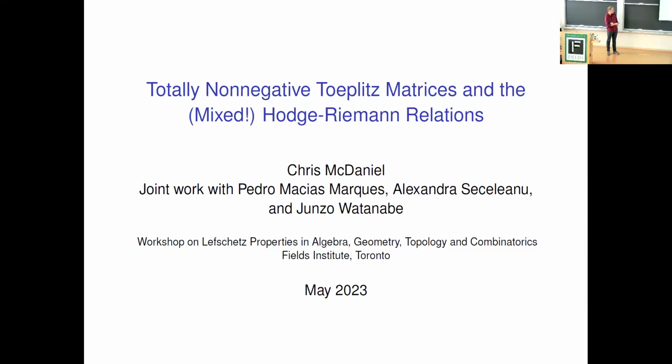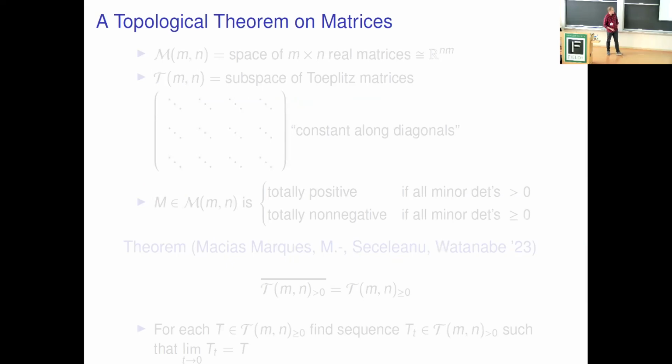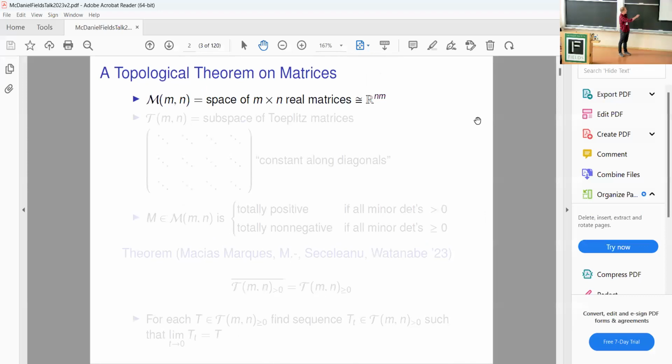I want to tell you about a topological theorem about matrices. Look at the space of m by n real matrices, and I'll think of it as a Euclidean space, R to the nm.